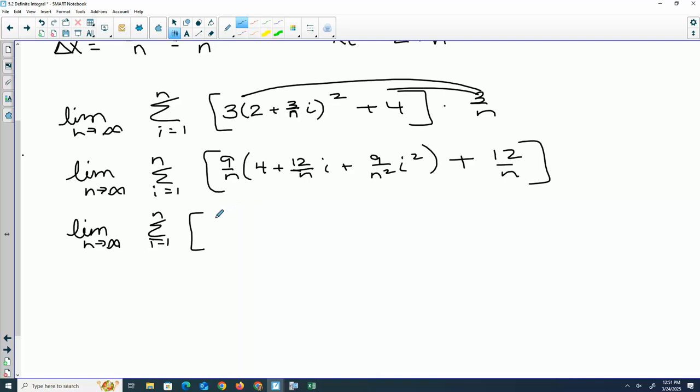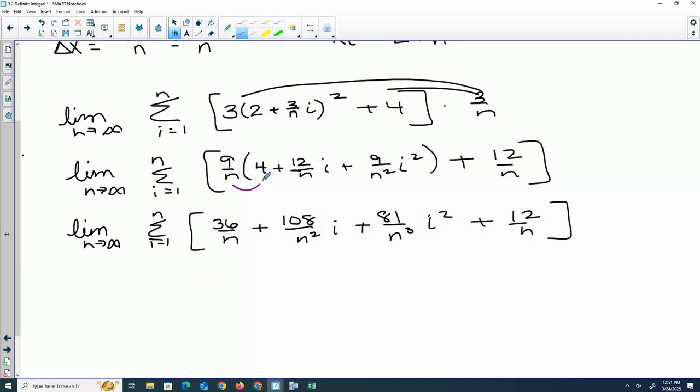Distribute that, we get 36 over n plus 9 times 12, so 108 over n squared i, plus 81 over n cubed i squared, and 12 over n. What are you doing with the 108? Multiplying the 9 times the 12, and the 9 times the 9.